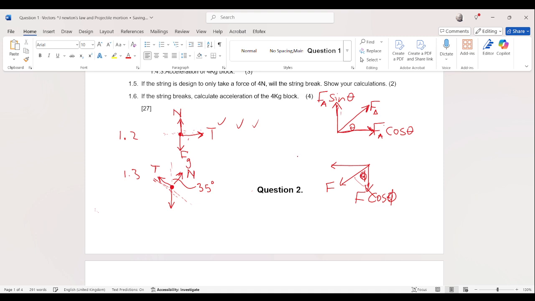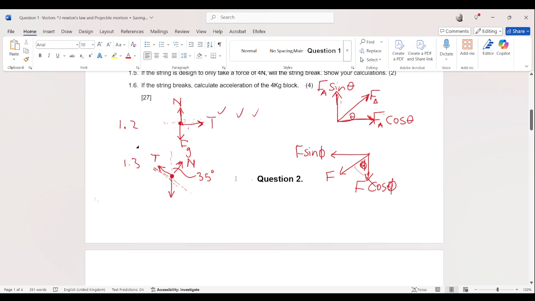Then the other one will be force sine of the angle. That's how it is.